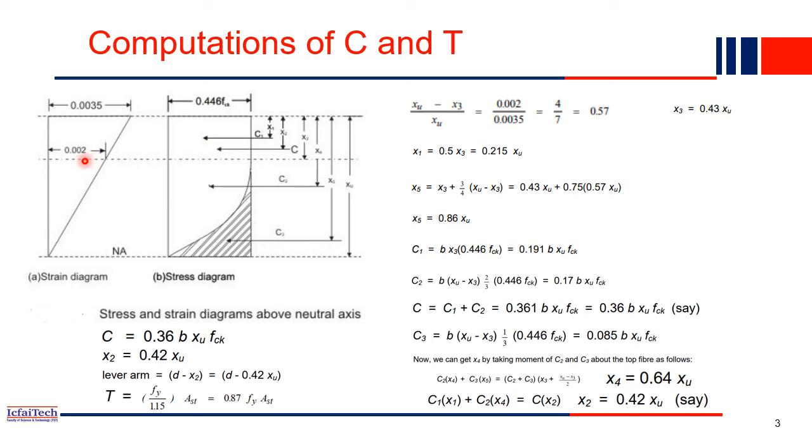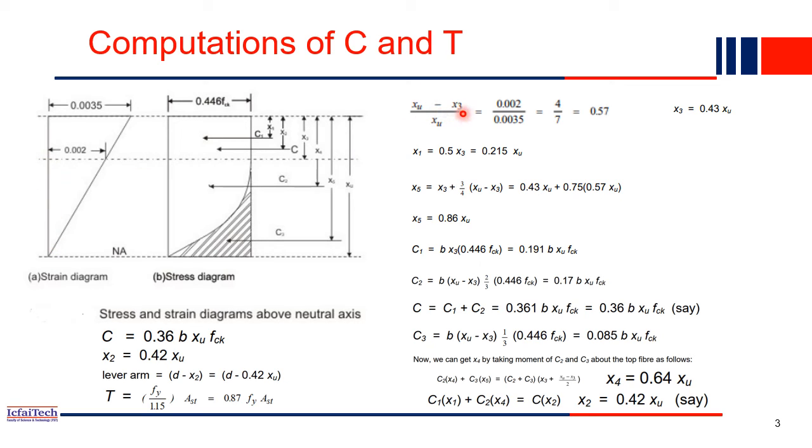So you can write 0.002 by 0.0035 equal to height by height. What is the total height? So 0.002 means this height, right? The total height is Xu. Total height Xu minus this portion will give you this height. From here to here is X3.